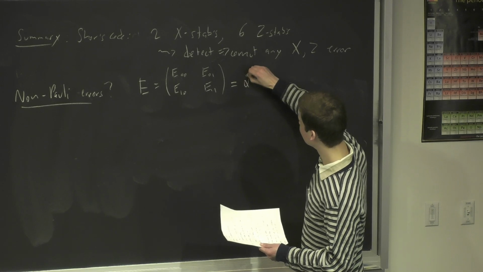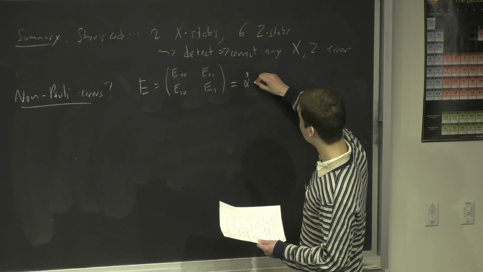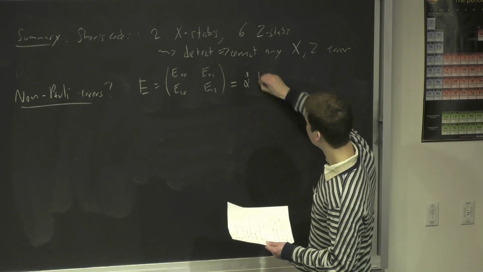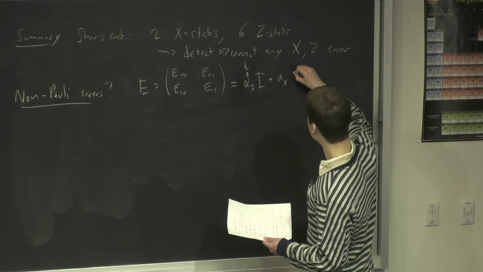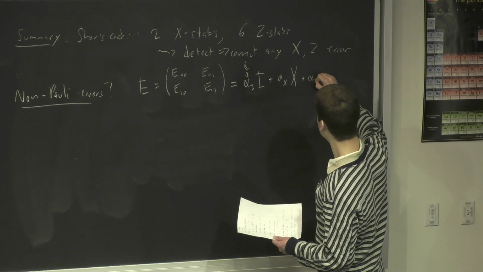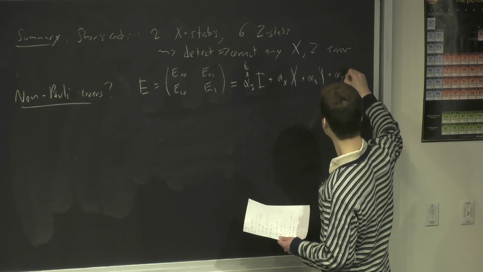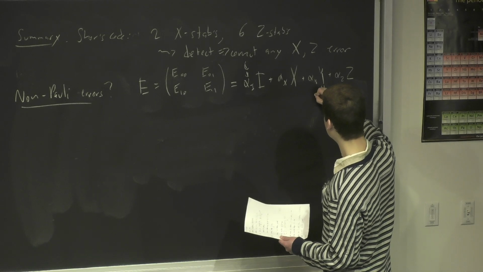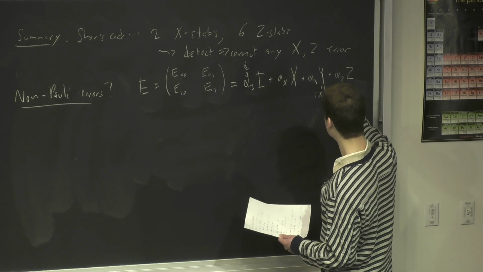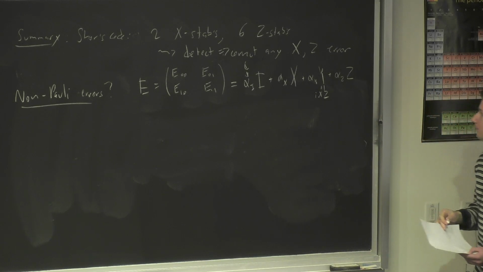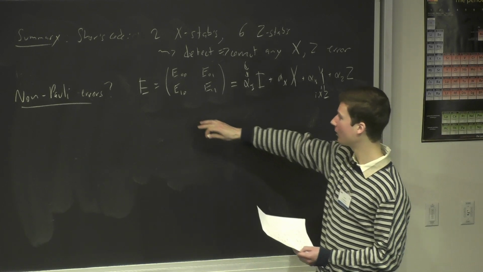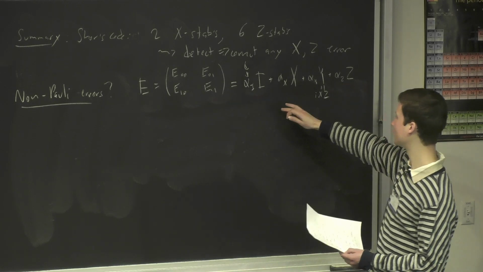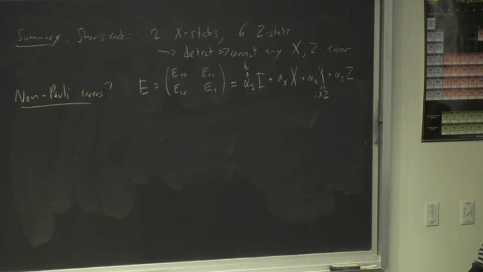So there exist some complex numbers, which we'll denote by alphas: alpha I times I, plus alpha X times X, plus alpha Y times Y, plus alpha Z times Z, where we recall that Y is i times X times Z. Essentially, we can write an arbitrary 2x2 matrix in this form as a linear combination of Pauli matrices along with the identity.